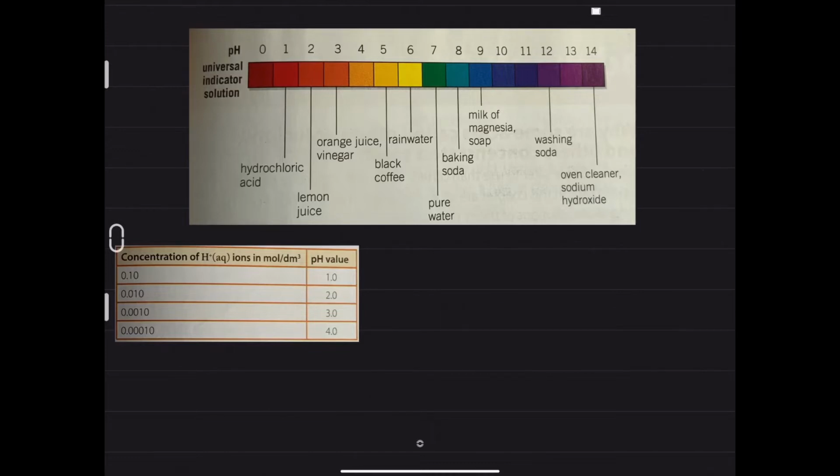So from pH 1 to pH 2, the concentration decreases by a factor of 10, an order of magnitude, as we go from 0.1 to 0.01. And what does that do to the corresponding pH value? It increases it by 1. And the same from pH 2 to pH 3.